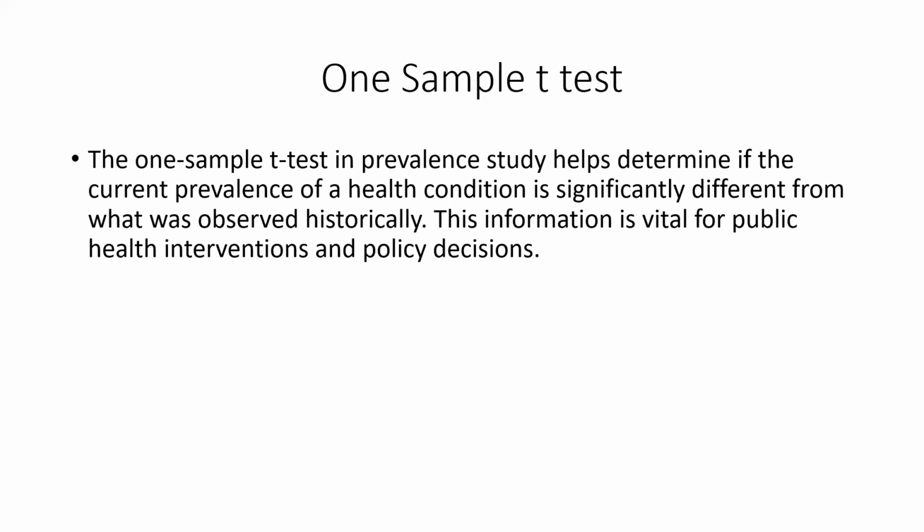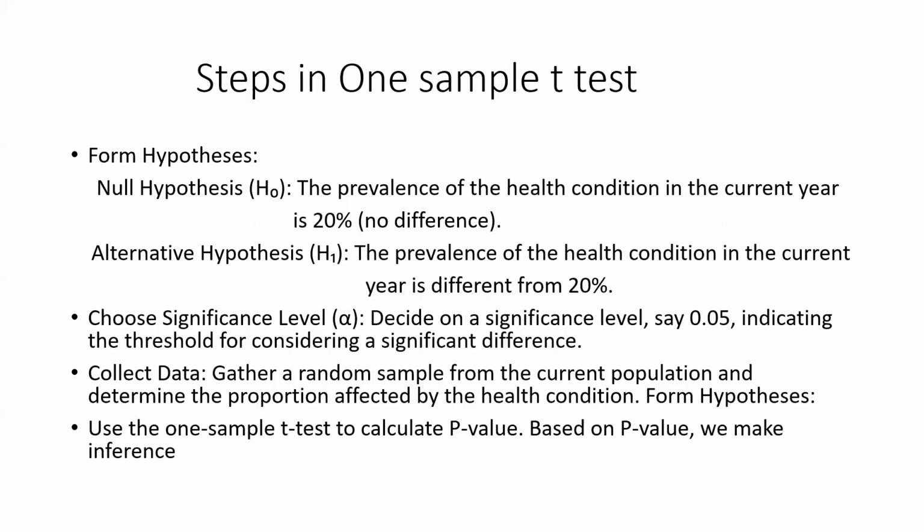Now we will see how one sample t-test helps to identify whether the current prevalence is different from the past prevalence. If you want to perform a one sample t-test, you have to form a null hypothesis that the prevalence of diabetes mellitus in 2024 is 20%. That means compared to the previous year, there is no difference.